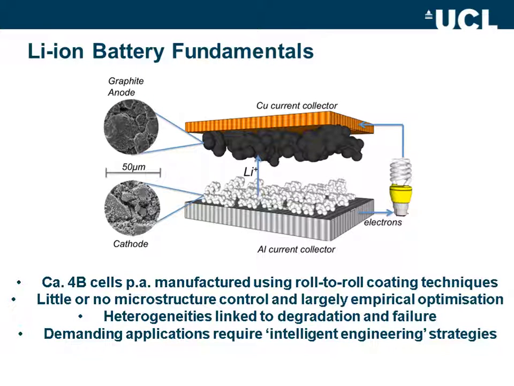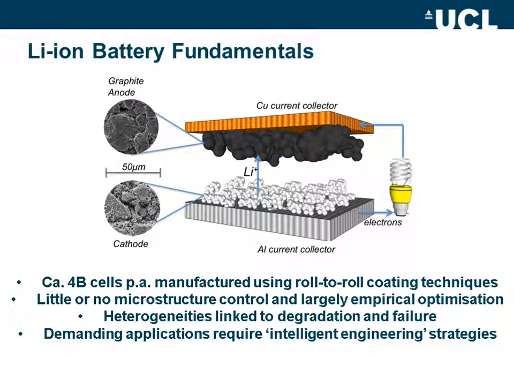And as we charge and discharge the lithium-ion battery, we shuttle the lithium ions from one electrode to the other. Now, about 4 billion cells of this nature are made every single year with little or no microstructural control. Consequently, heterogeneities within these structures are quite common, and it's our hypothesis that the microstructural heterogeneities intrinsically link to the degradation and failure of these devices.